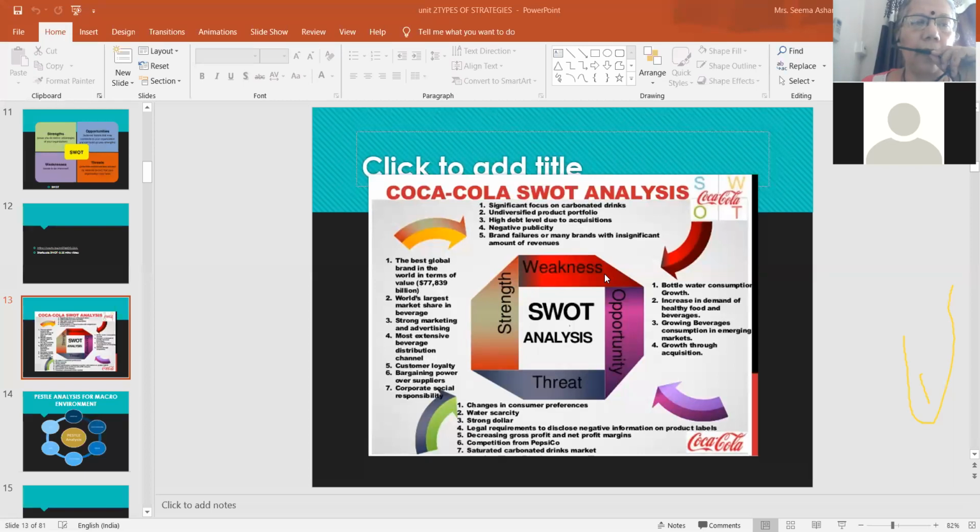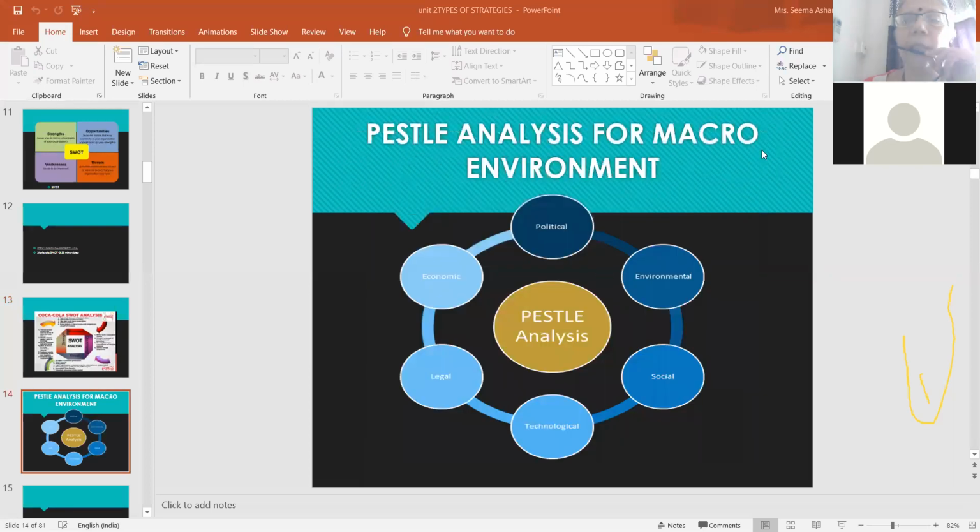Going further now, in order to study the macro environment, leaders or managers make use of PESSL analysis. PESSL analysis is a tool which is used by top management for studying the macro environment. PESSL stands for political, environmental, social, technological, legal, and economic environment.